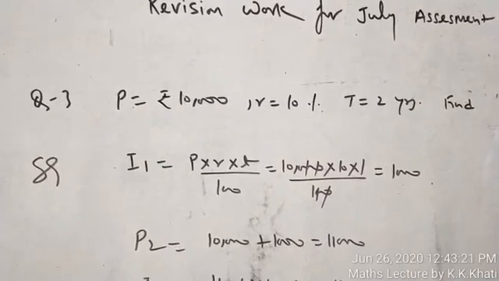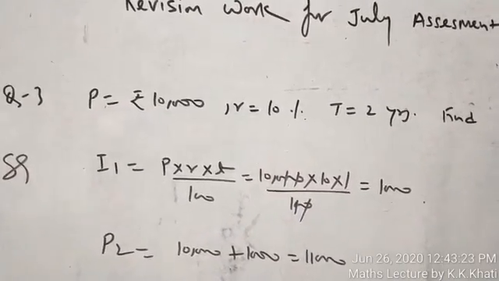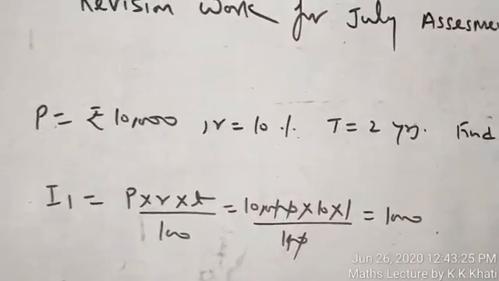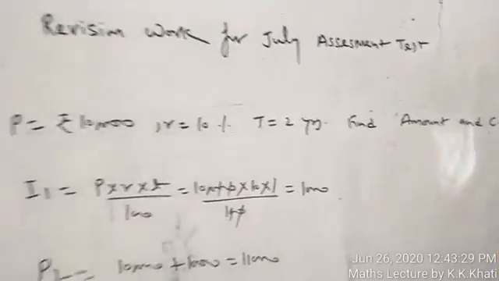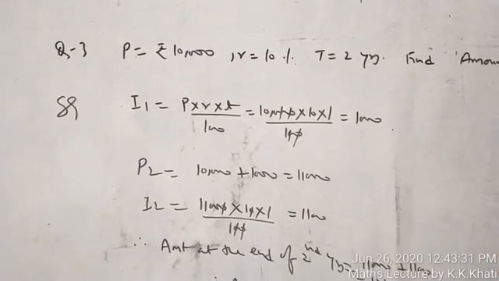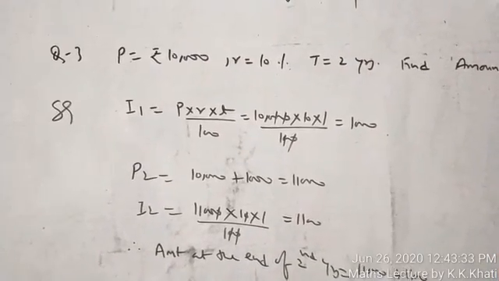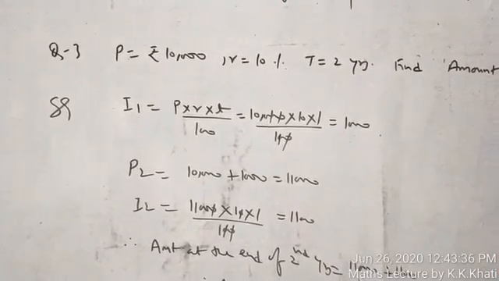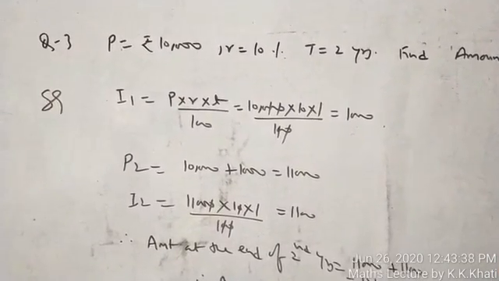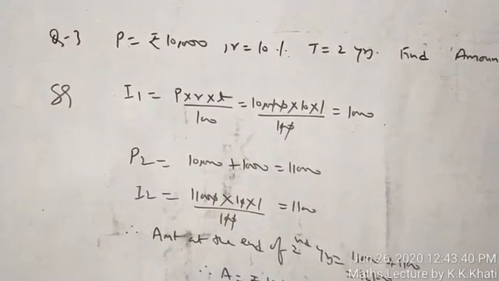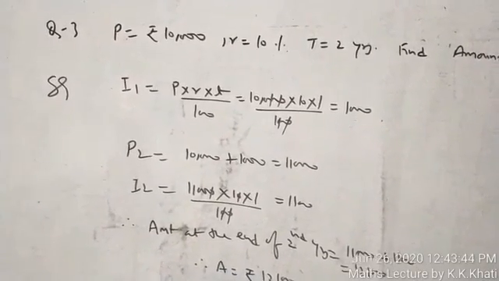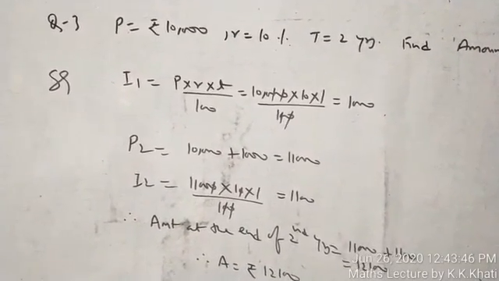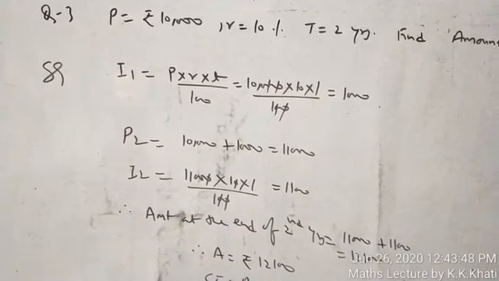Now student, we have to start question number 3. The principal is 10,000 rupees, the rate is 10% and the time is 2 years, and we have to find the amount and compound interest. Okay. First of all, we calculate I1. I1 is principal into rate into time upon 100. It is 10,000 into 10 into 1 upon 100. It is coming 1,000. P2 is equal to 10,000 plus 1,000, that is 11,000. Now I2 is equal to 11,000 into 10 into 1 upon 100, that is 1,100.